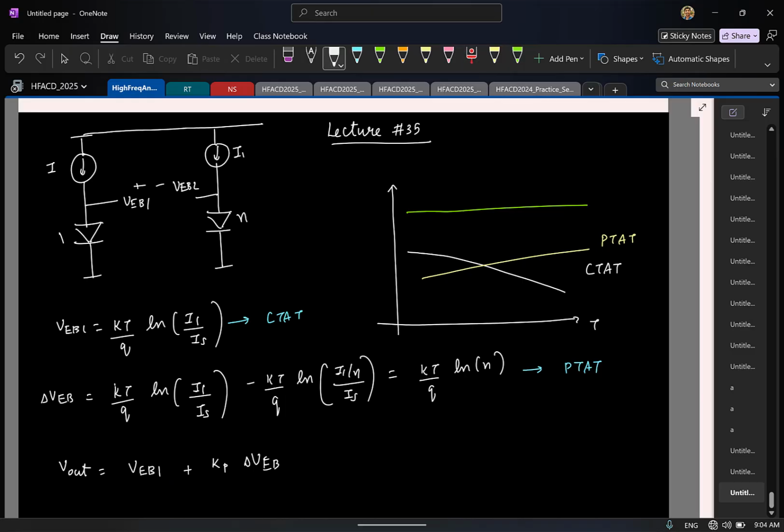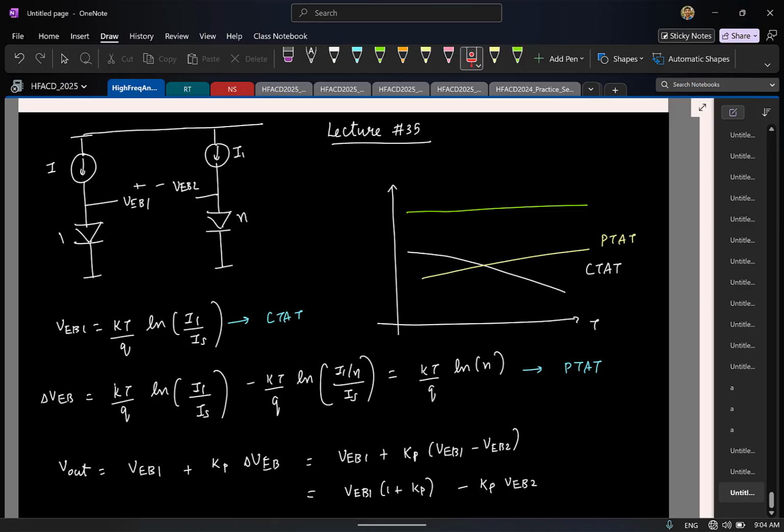So if I expand this, I'll have VEB1 plus Kp times, this is VEB1 minus VEB2. So if I simplify this further, I have VEB1 times 1 plus Kp minus Kp times VEB2.